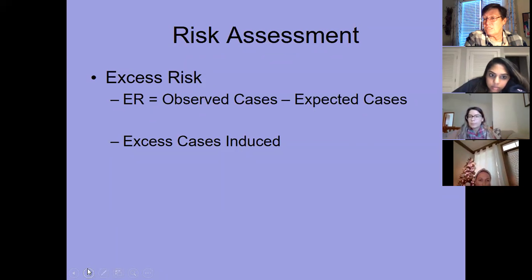So whatever radiation exposure was received caused 2 cases of cancer. We don't typically look at excess risk or use excess risk. We would typically use relative risk because that seems easier to understand.